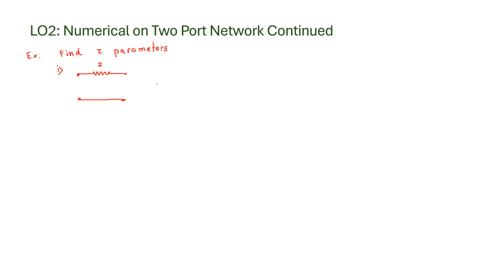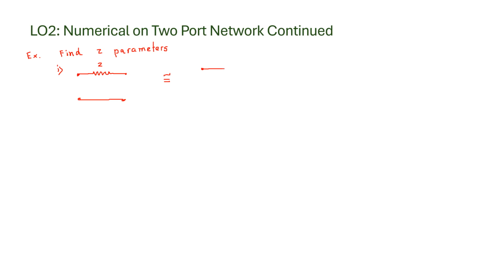Now how do we find the Z parameters for this? Even I can find Z parameters or Y parameters by writing analytical equations, KVL or KCL, but I will use this approach. I will try to convert this network to a reference network.